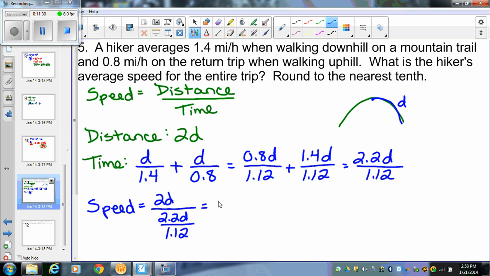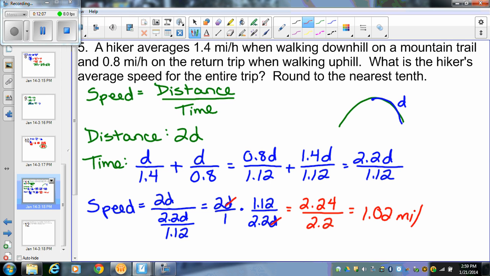To simplify this complex fraction, 2d is like 2d over 1 times the reciprocal of the denominator fraction, 1.12 over 2.2d. Notice I have a d in the numerator and a d in the denominator, so they cancel out. 2 times 1.12 is 2.24, and 1 times 2.2 is 2.2.